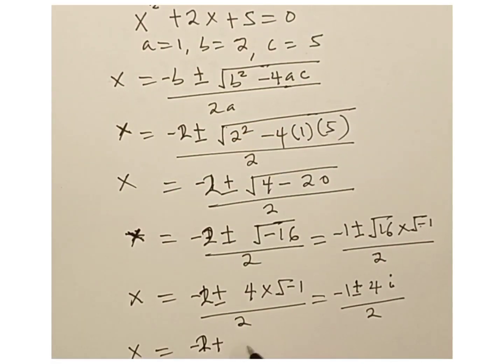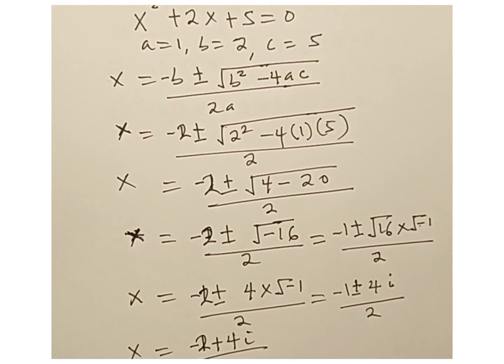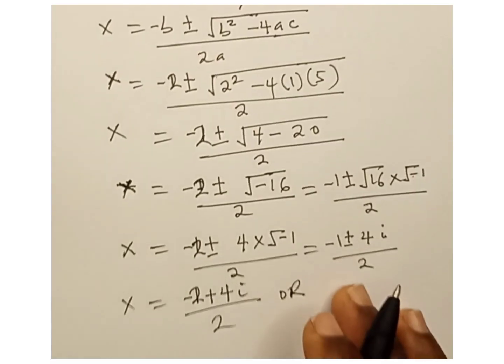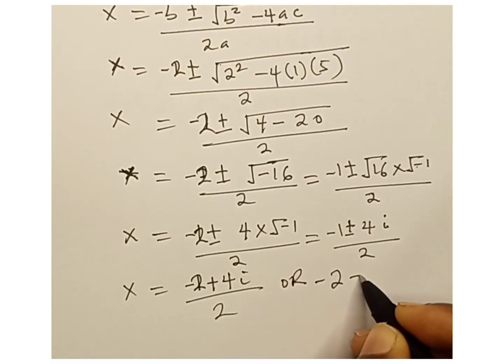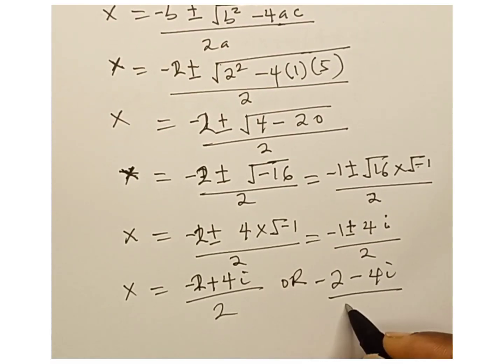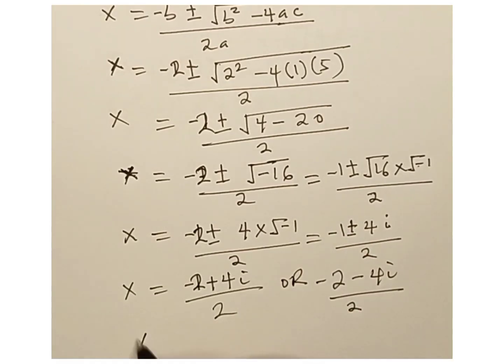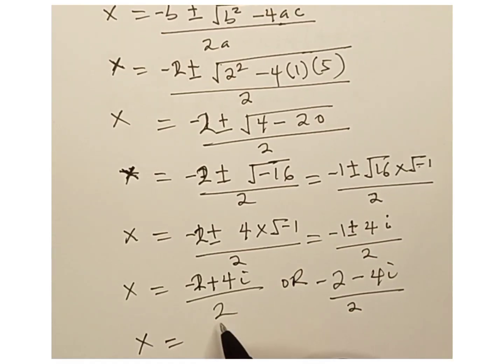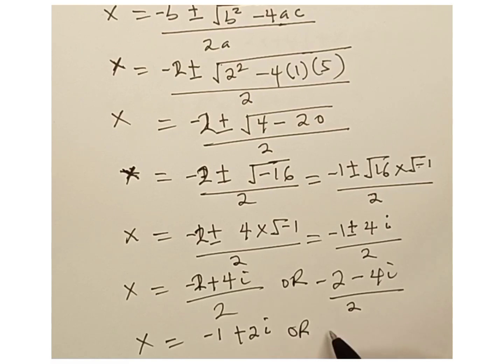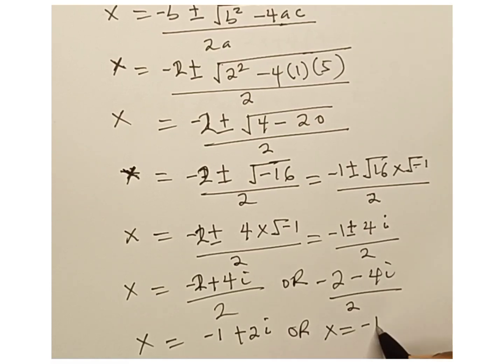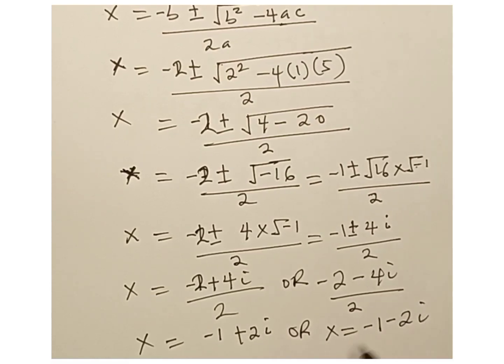So it will be minus 2 plus 4i over 2, or minus 2 minus 4i over 2. So x equals to minus 1 plus 2i, or x equals to minus 1 minus 2i.